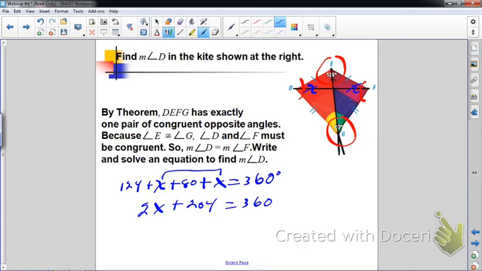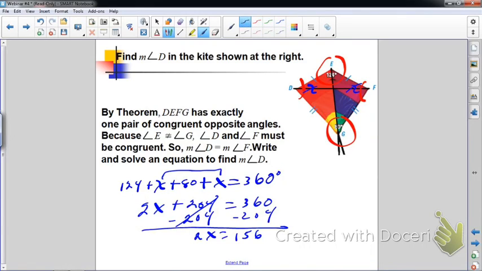And now I'm going to use the subtraction property of equality, where I get to subtract 204 from both sides. So 204. And that simplifies to 0, and I'm left with 2x that is equal to 156.